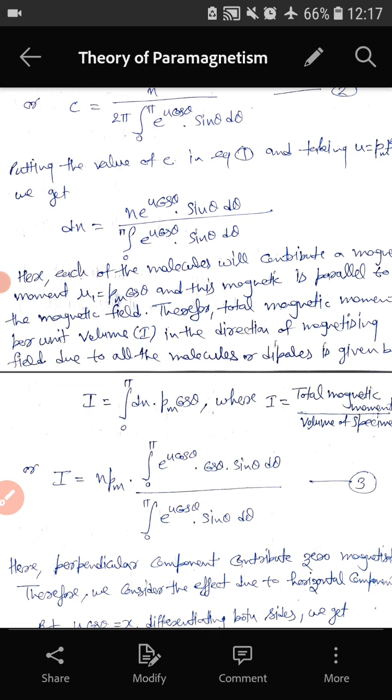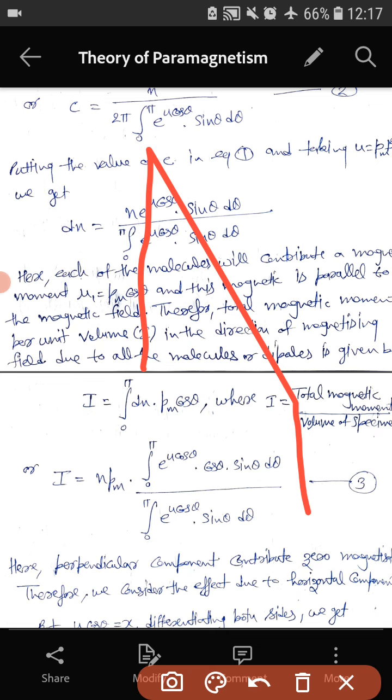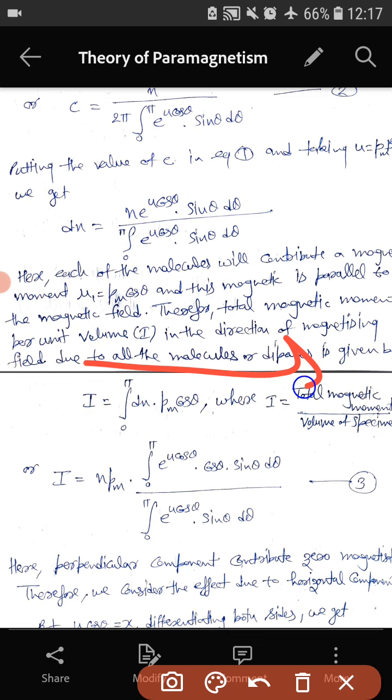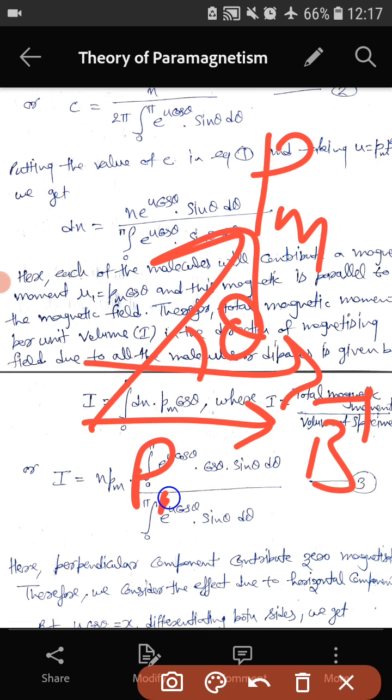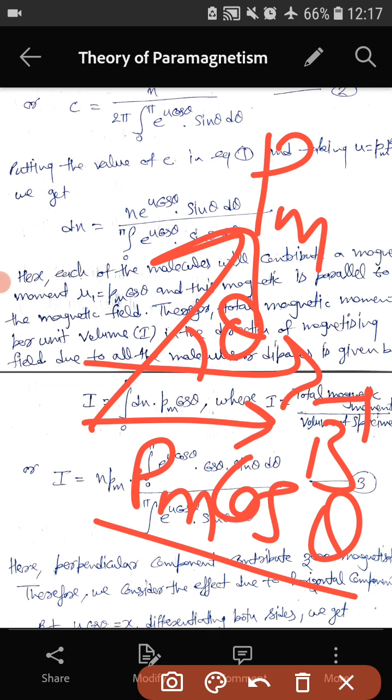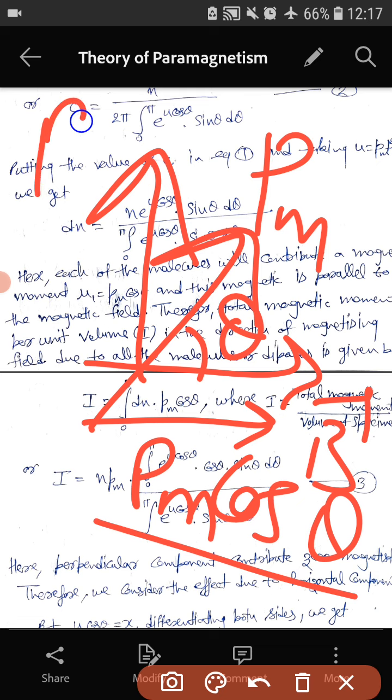Here we have noticed that the perpendicular component contributes zero magnetization. If you remember what we have considered, this is the direction of the applied field, this is the direction of magnetic moment Pm, and this is the angle theta. So the component along B will be Pm cos theta, but we also have a component perpendicular to B, which is Pm sin theta.